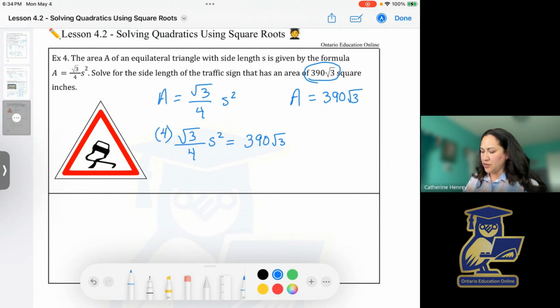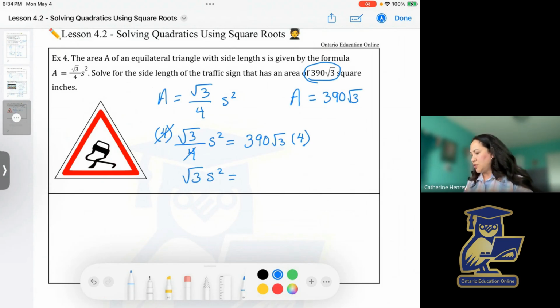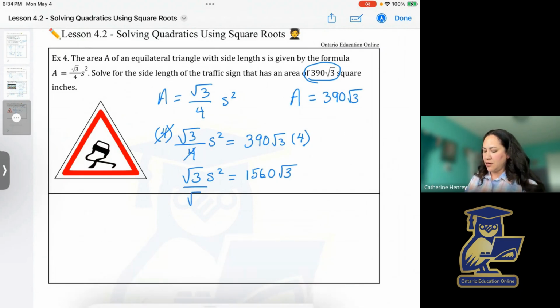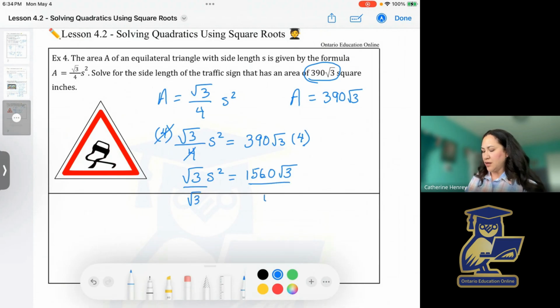Remember, we are trying to solve for S. The 4's cancel here, and I'll have the square root of 3 times S squared is equal to 1,560 times the square root of 3. I'll divide the square root of 3 on the left, which means I divide the square root of 3 on the right, so those cancel. And I have S squared is equal to 1,560.